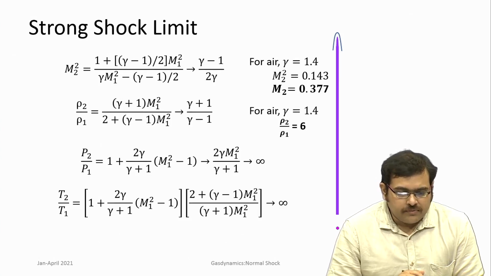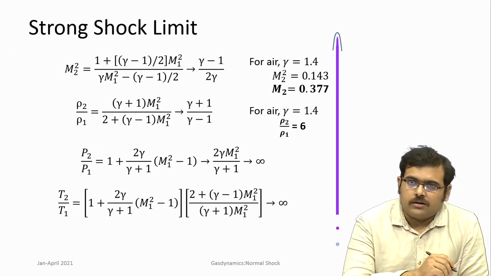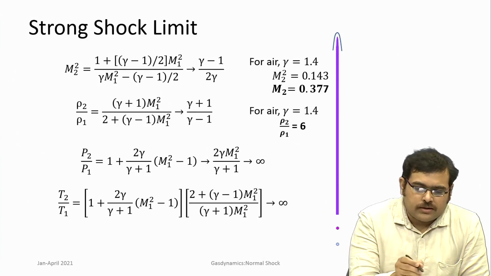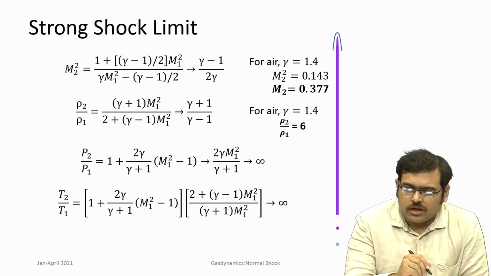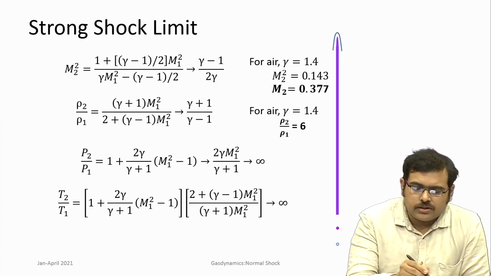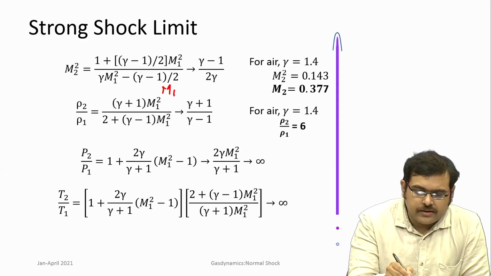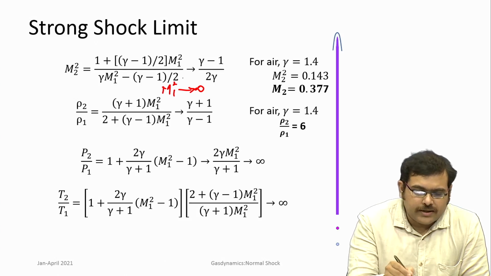First, let us look at the Mach number downstream of the shock. The expression is over here, and Mach number goes towards infinity. So, you can use the appropriate limit, that M1 square tends to infinity. You can take out M1 square from both of them, and here you will get 1 by M1 square.